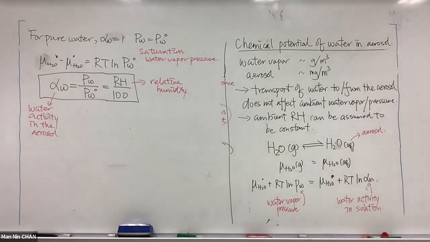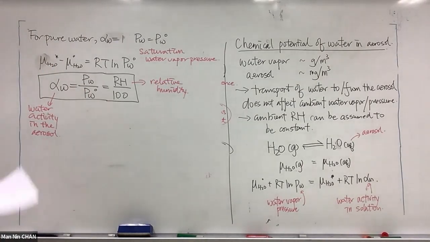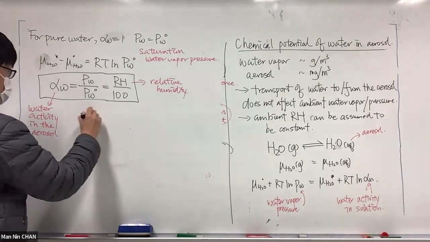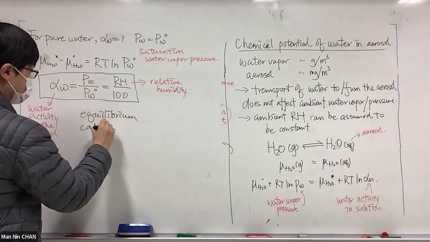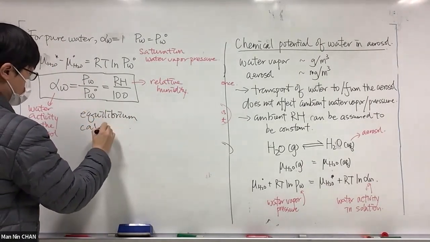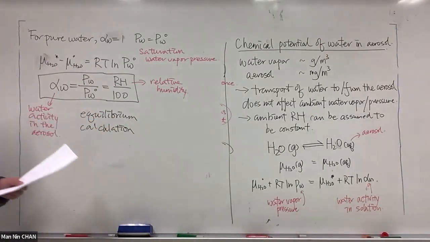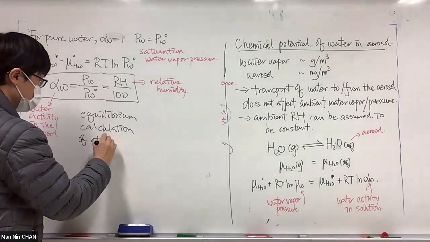Okay, then you may ask, why is this equation very important? One thing you can see here is, for example, you try to do your model simulation, or you want to calculate the equilibrium. Let's say you want to do some equilibrium calculation of your aerosol in your ambient.